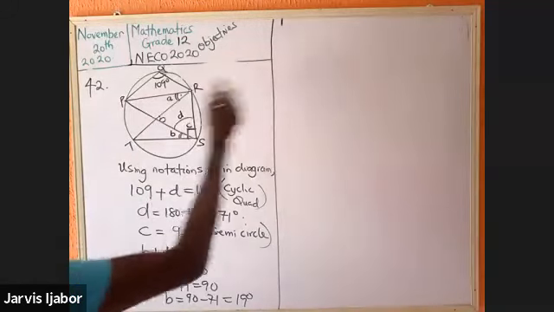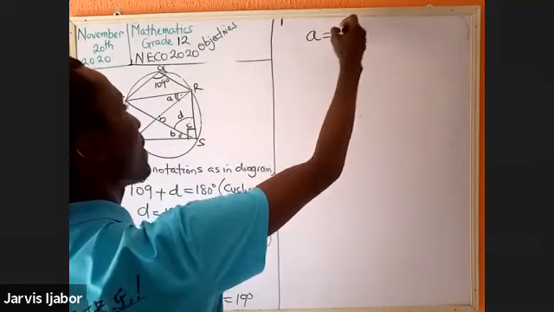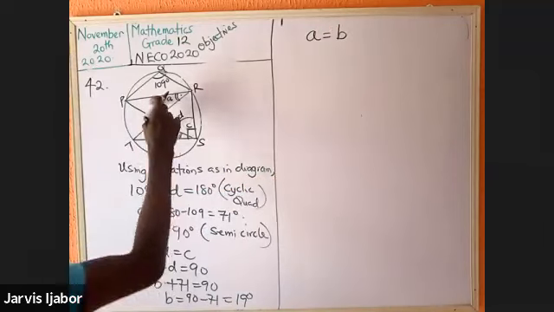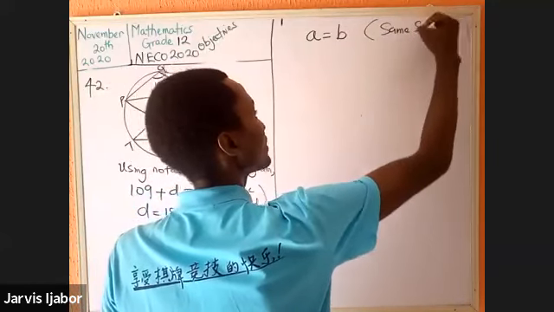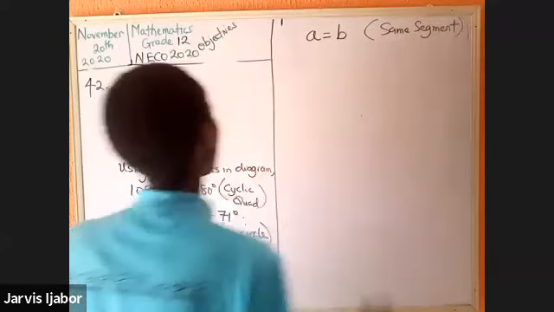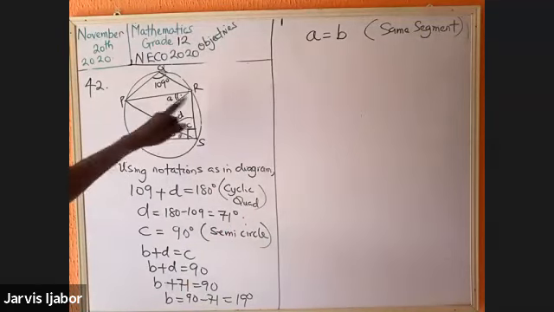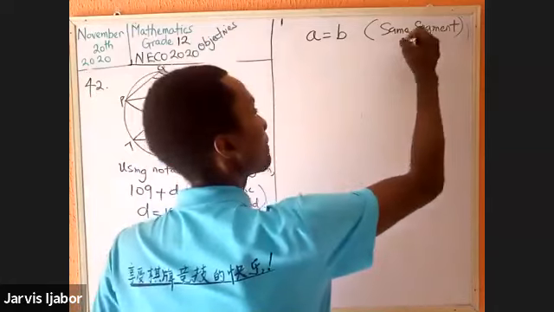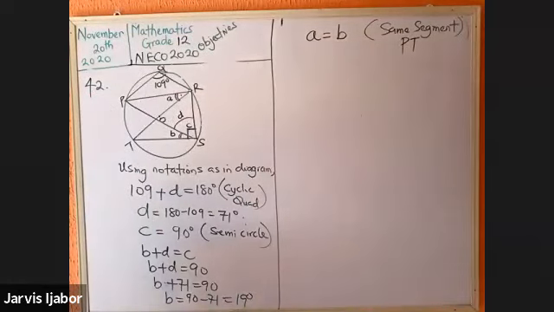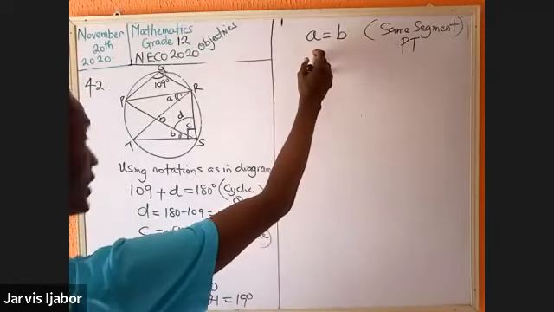Now, what is A? A is equal to B. What's the reason? Same segment. What is the same segment here? The segment they are originating from is PT. Same segment, PT. And as such, what is B? 19.